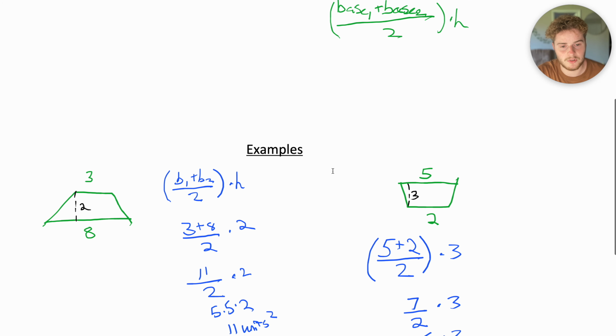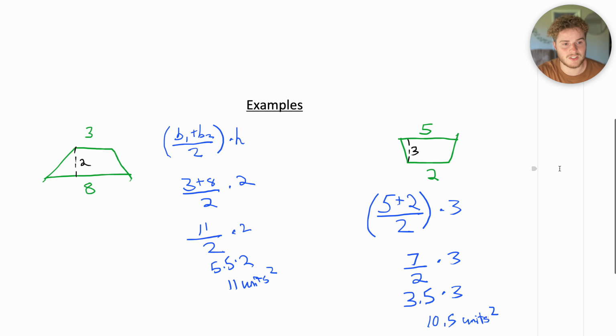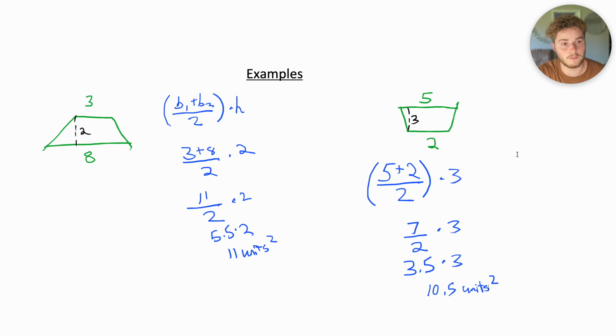We looked at some examples, and we flipped the trapezoid on its head to show that the importance of knowing the equation is that you're adding up the 2 bases that are parallel to each other. You're not adding up the sides that are slanted, you're adding up the sides that are straight. In one we had 3 and 8, those were the bases you add up. In the other we had 5 and 2, those were the bases you add up.